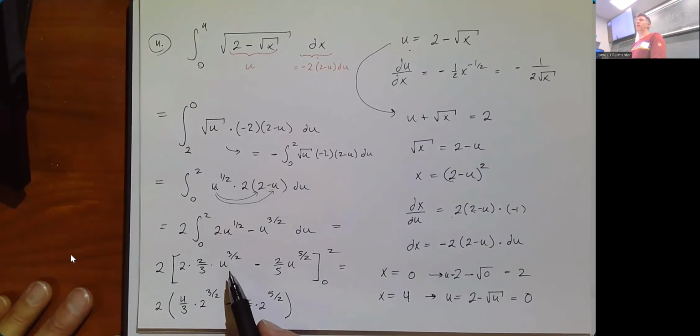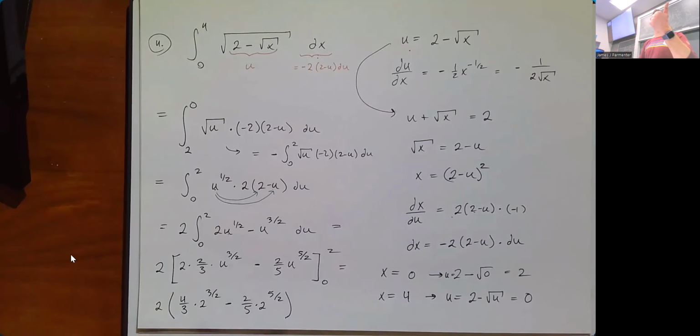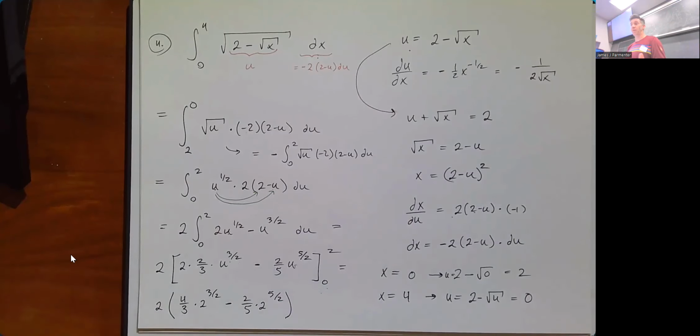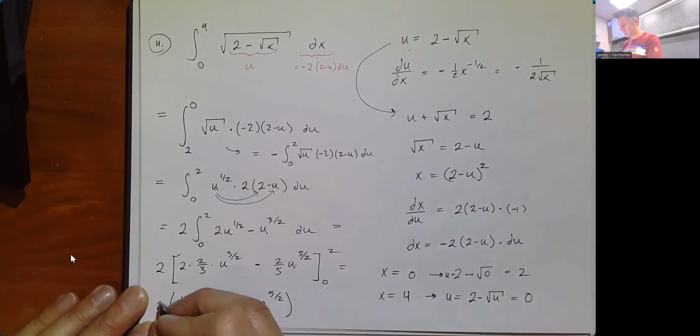What's 0 to any positive power? Let's see, 0 cubed is 0 times 0 times 0 is 0. And then the square root of 0 is still 0. So 0 to any positive power is going to be 0. So when I think about plugging in 0 here and 0 there, I'm just going to get 0. So I'm not going to write that part. You could write -0, but let's just leave it like this.